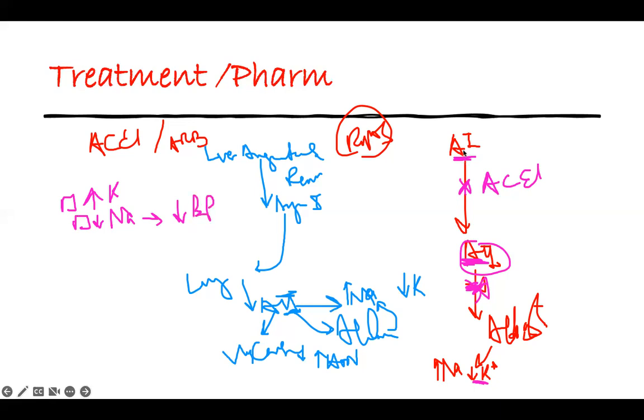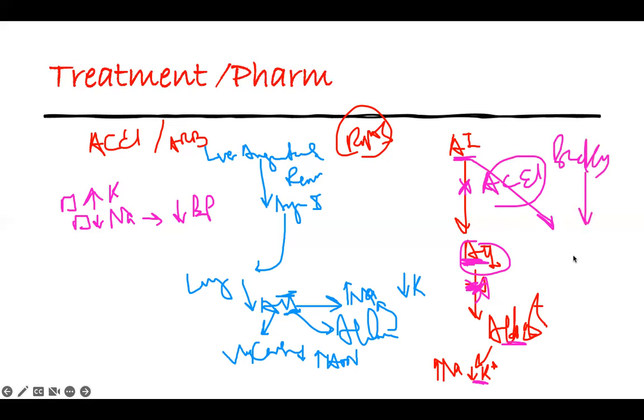Once again, angiotensin 1 is converted to angiotensin 2. The ACE inhibitor blocks this and prevents converting to angiotensin 2, which would lead to aldosterone, but there's no more aldosterone. So you're not going to get rid of your potassium and increase your sodium. You end up increasing your potassium and decreasing your sodium. The other thing that happens is there's something called bradykinin.